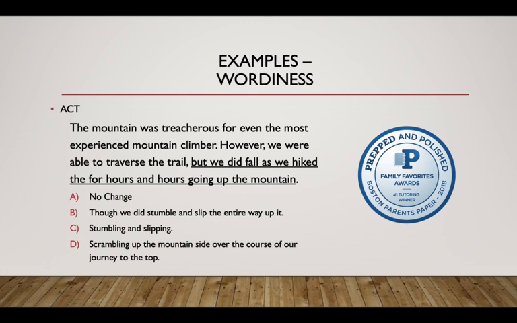Notice how in a lot of these, a lot of words, my immediate attention is drawn to answer C. Why? Well, shorter is better, right? If I were to say, however, we were able to traverse the trail, stumbling and slipping. Yeah, that gets the point across. Answer choice C is correct.